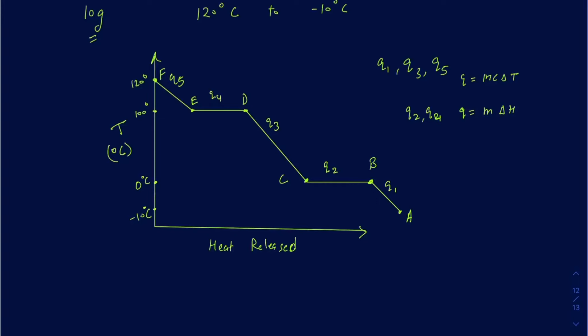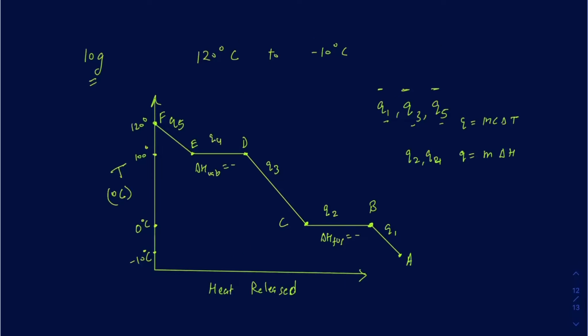Now, what changes, however, is that Q1, Q3, and Q5 are going to be negative values, because you're going to a lower temperature, and when you do T final minus T initial, they will come out to be negative values. And as far as the delta H's go, the delta H of fusion here is going to be a negative number, and the delta H of vaporization is going to be a negative number.